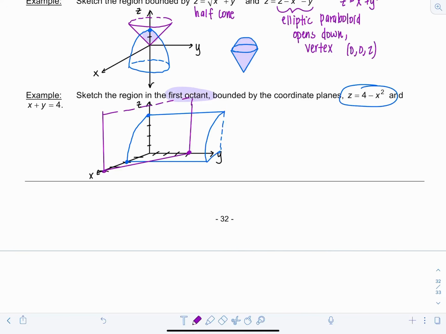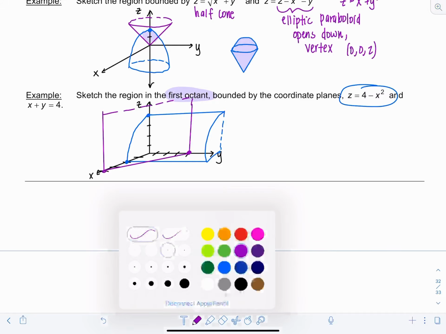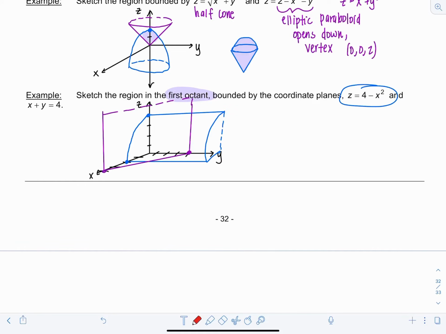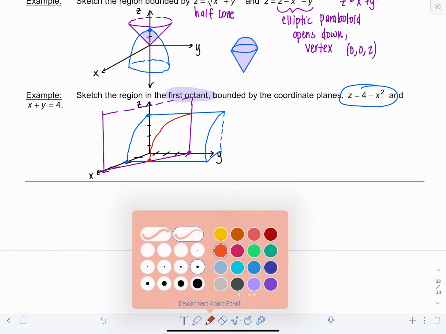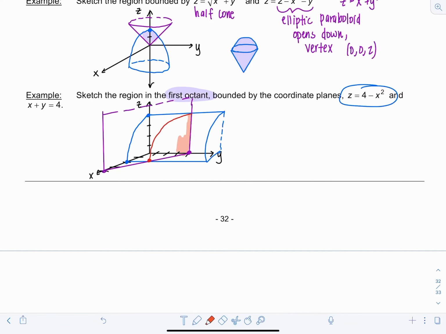All right, and then now I want to sketch the region that is bounded by all of these. Well, imagine here, this plane is cutting through z equals 4 minus x squared. You can imagine the intersection. It's going to come through and slice it right here. And you're going to have this portion just flat here, cut by the plane, right, at an angle.